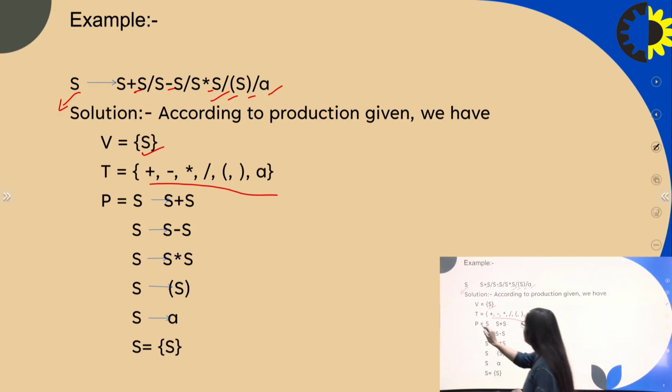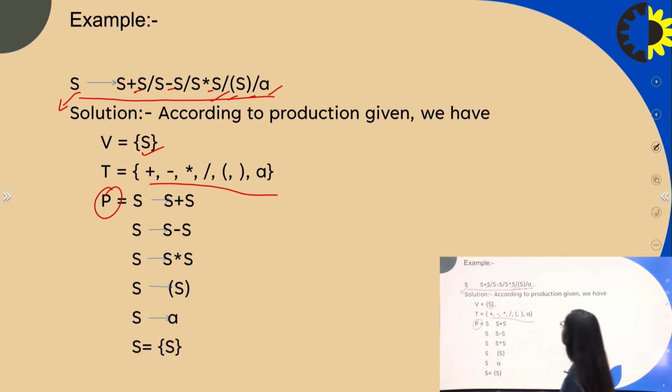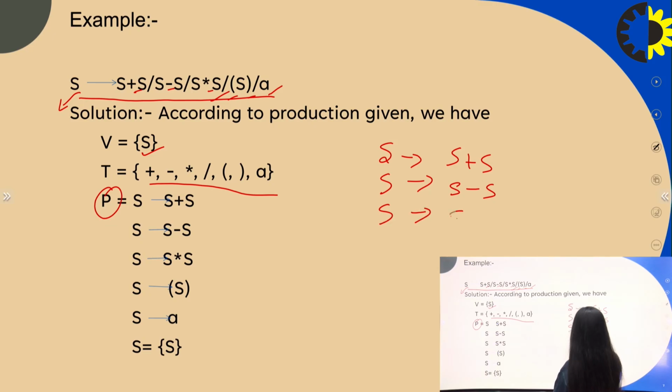P represents the productions. How many productions are in this grammar? S produces S plus S, S produces S minus S, S produces S into S, S produces S in parentheses, and S produces small a.